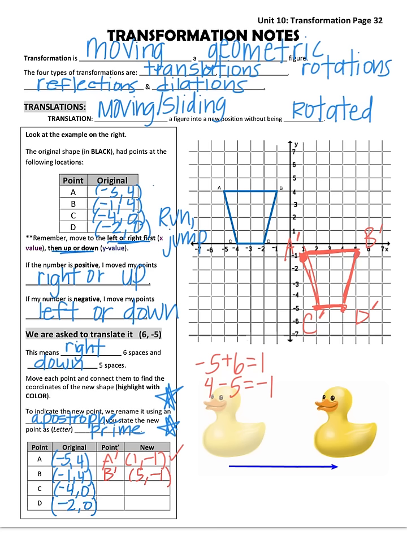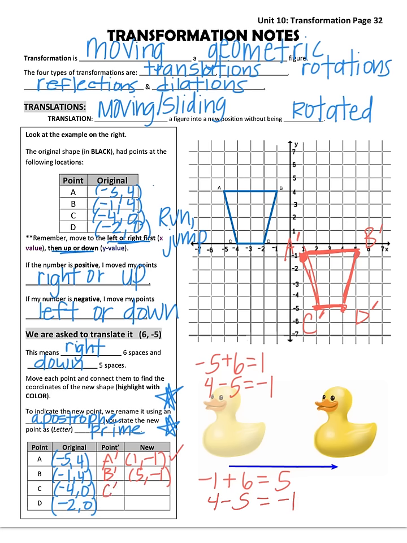Let's check that mathematically. So the x value was originally negative 1. When we add 6 to it, negative 1 plus 6, you do get 5. When we subtract 5 from the y value, 4 minus 5 is negative 1, so that's right.